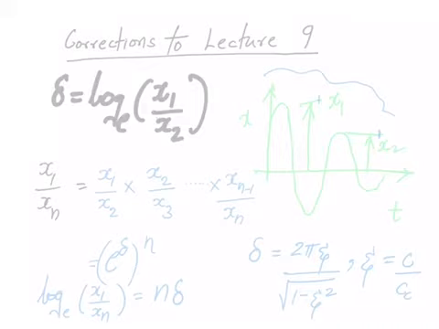Now, coming back to the place where I made the mistake, it is here. When I talked to you about how in practice we compute this logarithmic decrement delta, I told you it is not that easy to measure the amplitudes during a very small time interval.